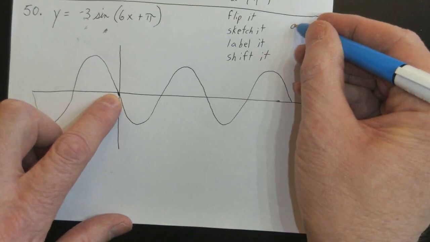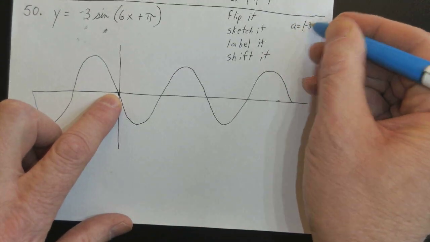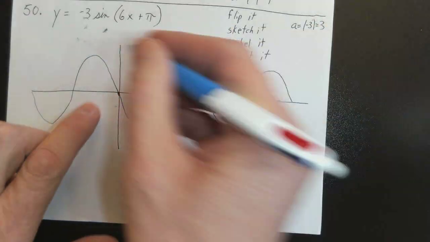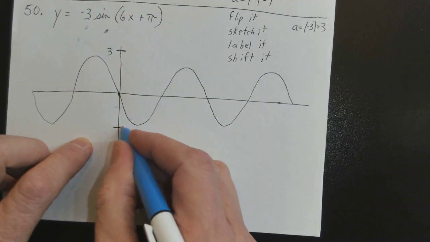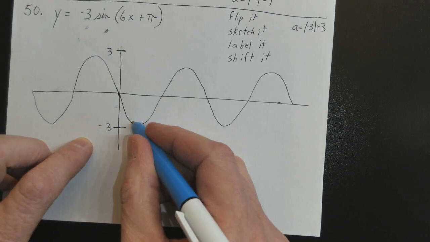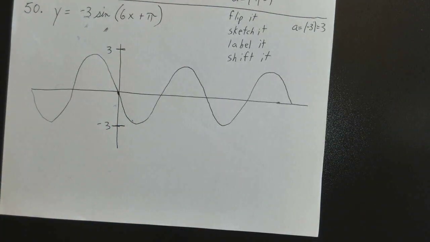Now, A is the absolute value of -3, which is 3. So I'm going to label this, but this is 3 here and -3 down here where the curve goes to the top and bottom. Good with that?